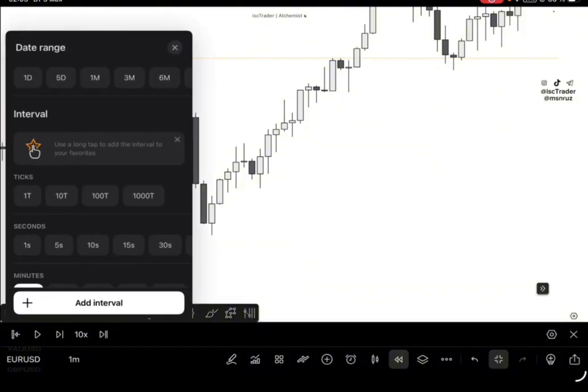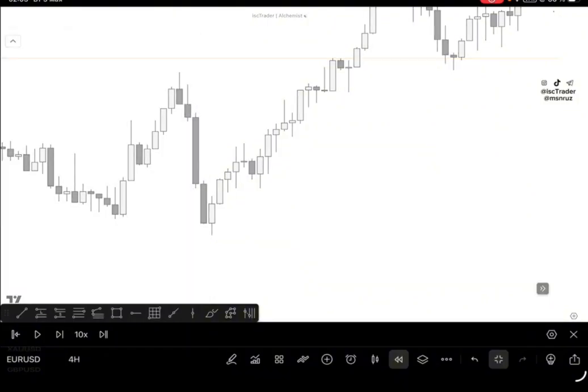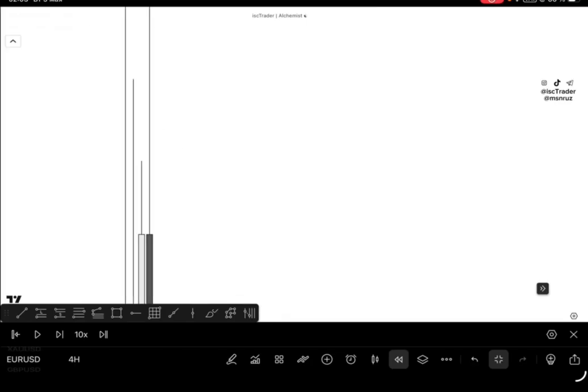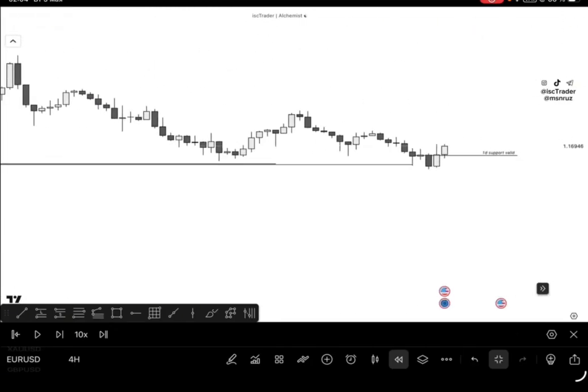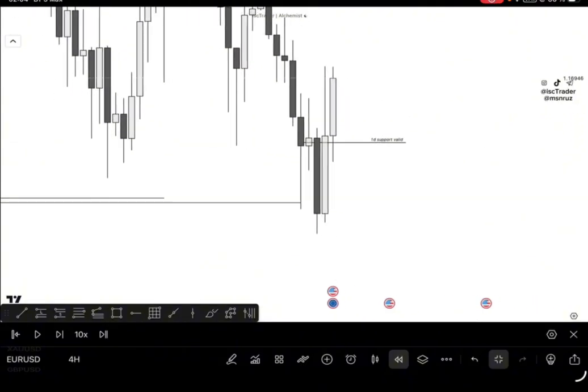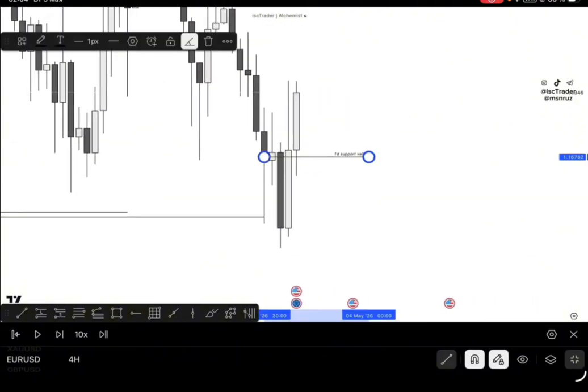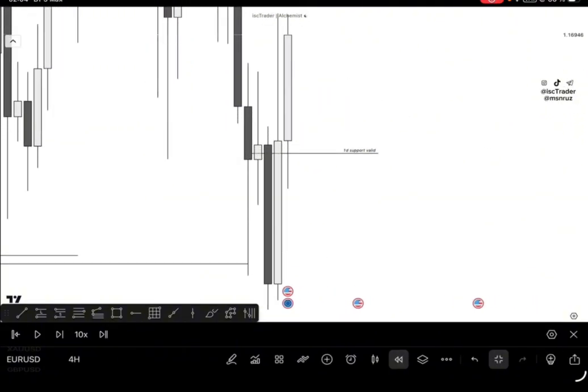Alright. And we have another zone on the 4-hour time frame. A support zone on the daily. On the 4-hour, it aligns with the QM. Alright.